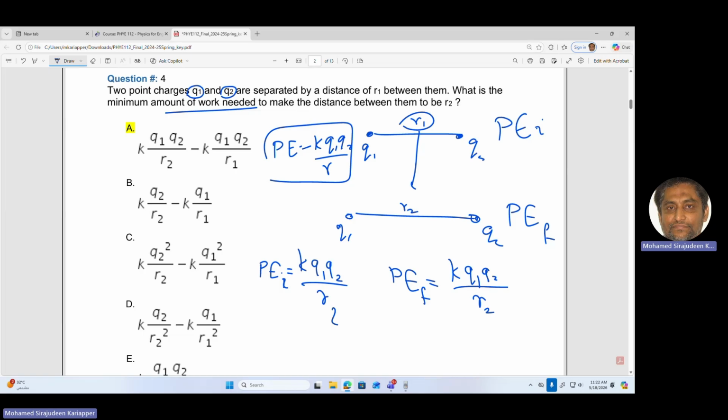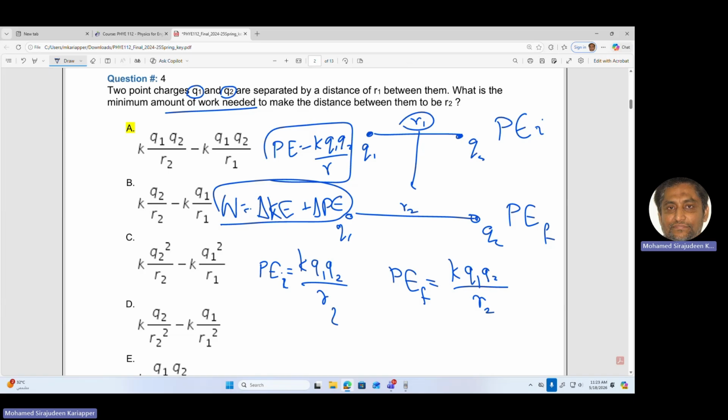How much work do you need to change the energy from PE initial to PE final? That's the question. The work will change the kinetic energy, the potential energy, or both. If there is no other energy involved, in atomic physics we can ignore the gravitational potential energy, because point charges ideally don't have mass. The work done is how much you change into the kinetic energy and how much into the potential energy.